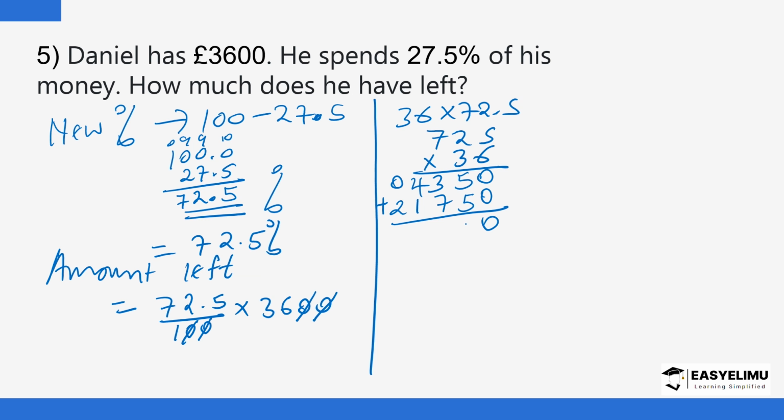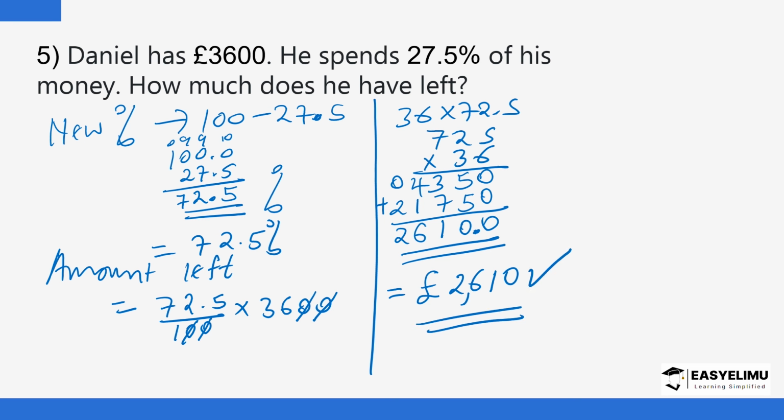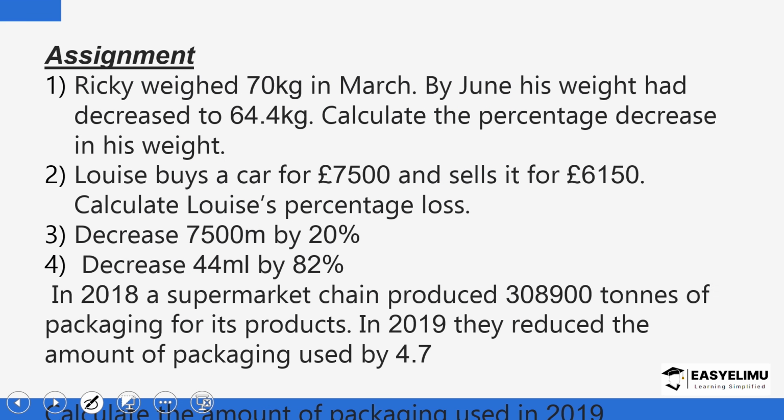So 0, 0 carry 1, 1 carry 1, because this is 10 plus the one we carried over from the other side, that is 11, 1 carry 1, 5, 6, and this is 2. It means my result here should be, so we have how many decimal places? 1. So result is 2,610, and of course these are pounds. So 2,610 pounds left.